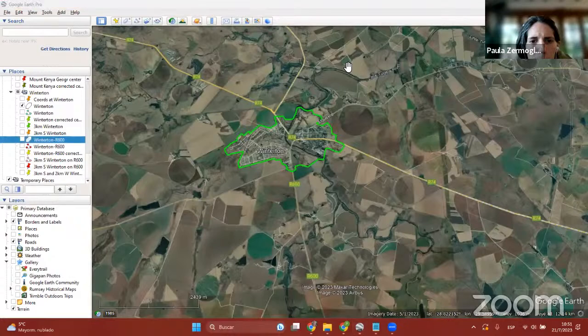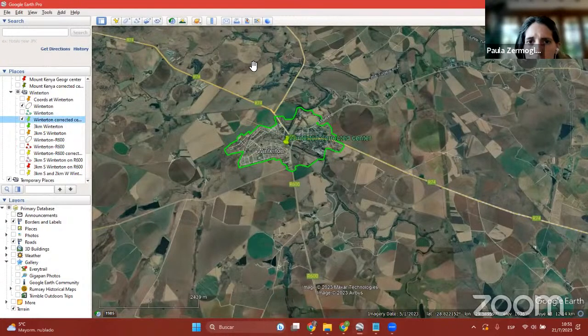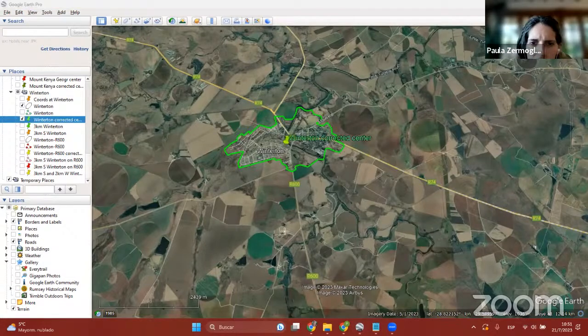What this location is saying is that we're moving from Winterton, from the center of Winterton. Let's put the center of Winterton there for reference. That was the corrected center. And we're moving south and west. So we're moving like that and like that, right?